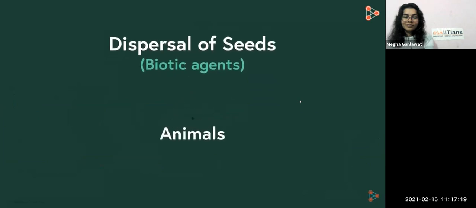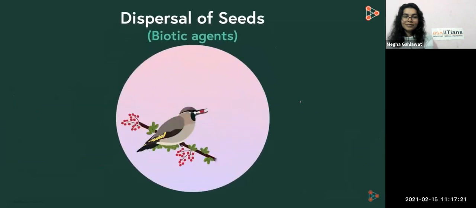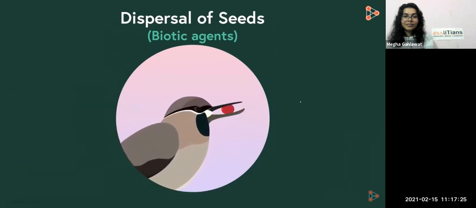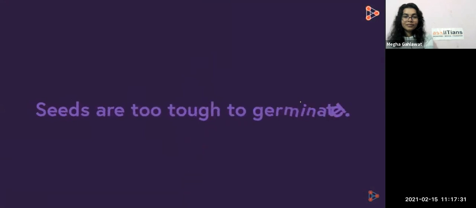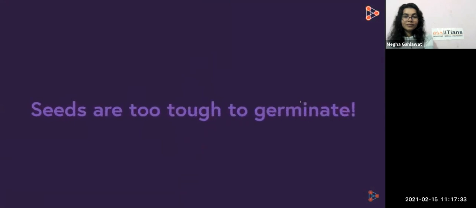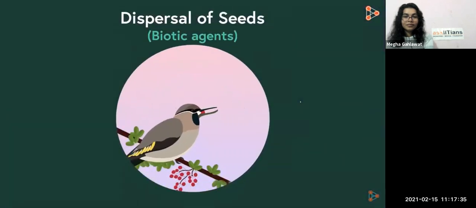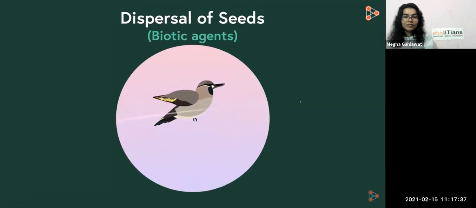To understand this, let's take the simple example of birds. Birds also relish the juicy fruits that have seeds within. In many cases, the seeds of the plants are too tough to germinate if planted directly into the soil. Now, if such a fruit is consumed by a bird, then the seed does not get digested in the bird's body and is thrown away directly.